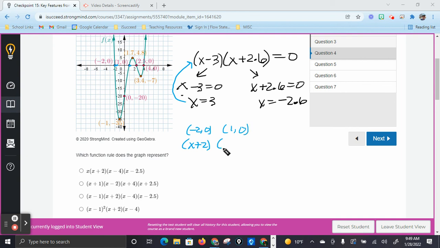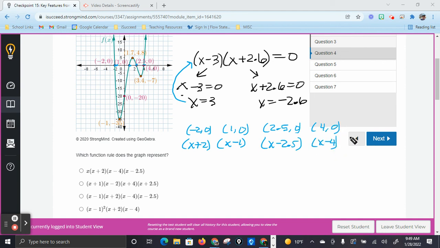That would turn into a factor of x minus 1. And then I have another x-intercept of 2.5, 0. That turns into a factor of x minus 2.5. And then last one is 4, 0. That turns into a factor of x minus 4.